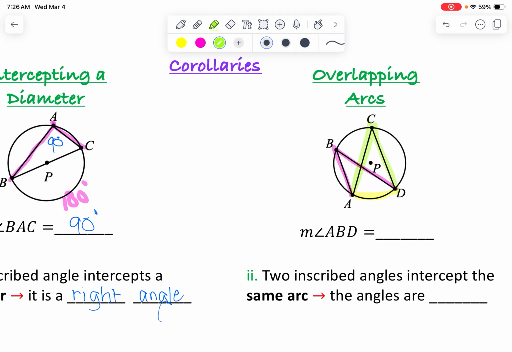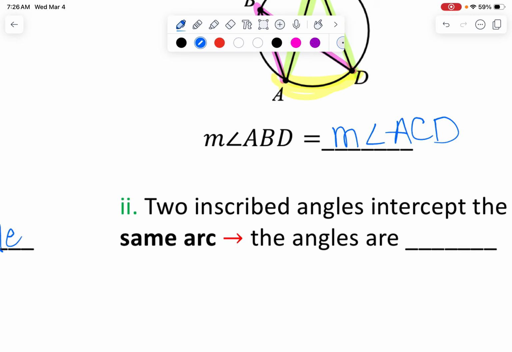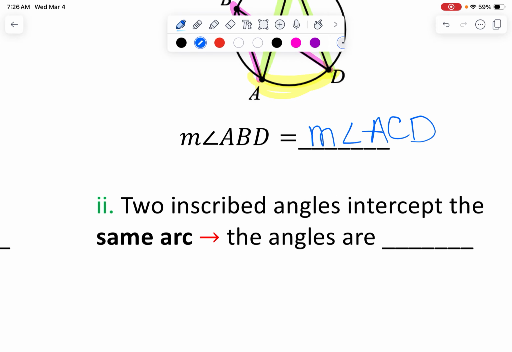They open up to the same arc, arc AD. So that means that those two angles have to be the same. That should make sense because they open up to the same arc. So then the measure of angle ACD is going to be the same. So if two inscribed angles intercept the same arc, the angles are congruent.